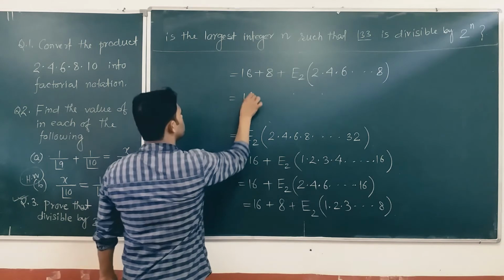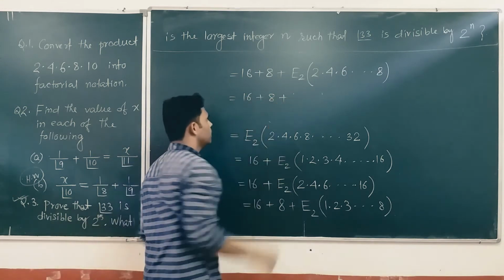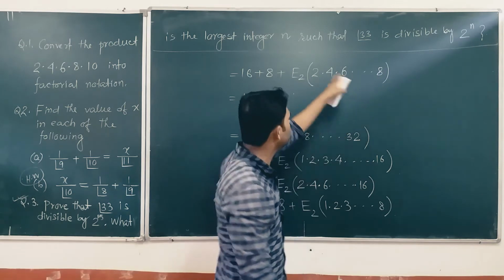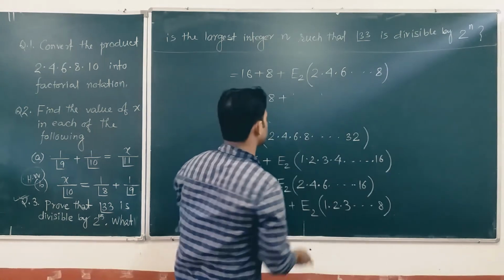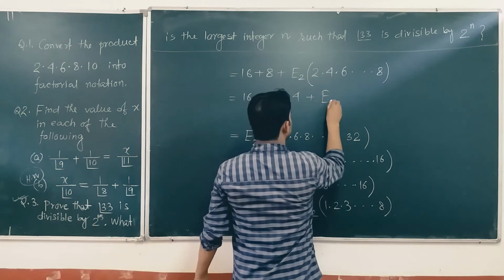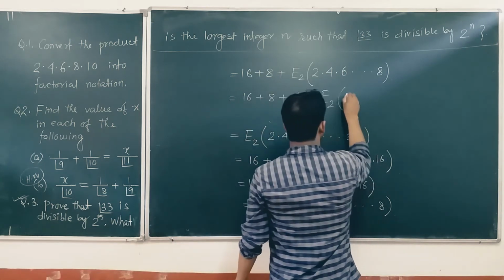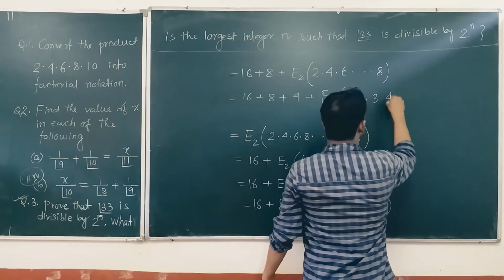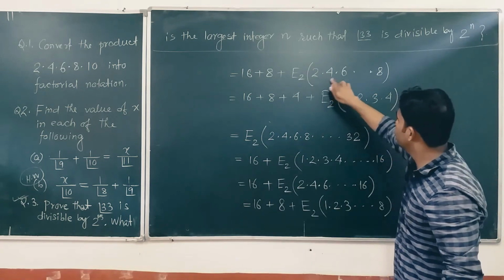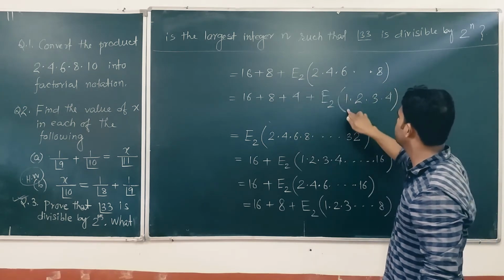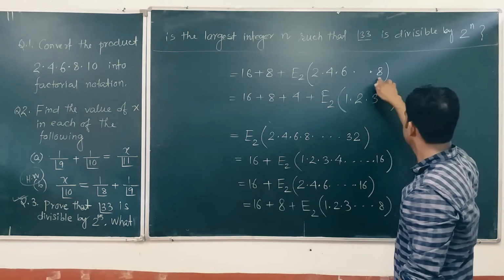Now it is equal to 16 plus 8 plus, there will be 4 number of 2s, so 4 plus. What are the terms remaining here? Exponent of 2 in 1 2 3 4, I will write this series, so 1 2 3 4.